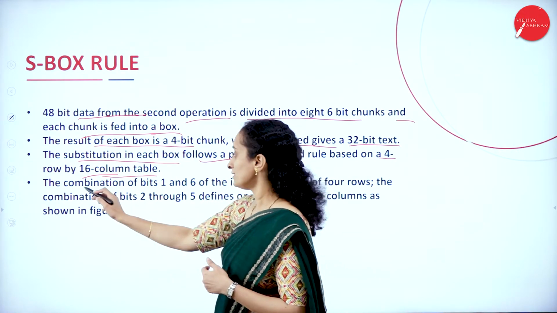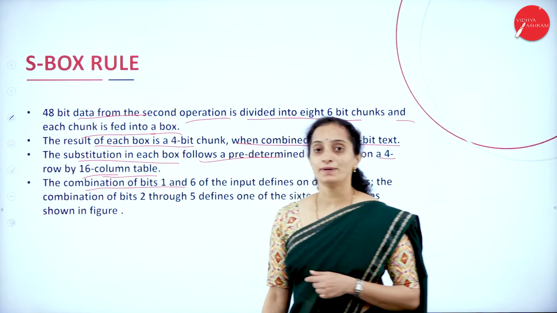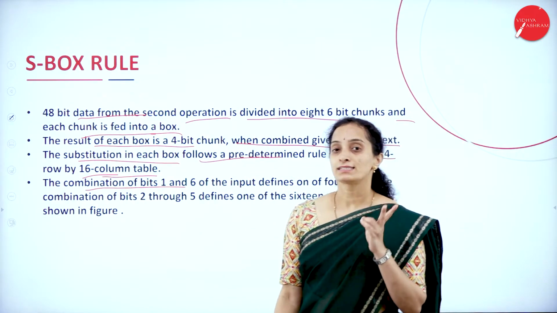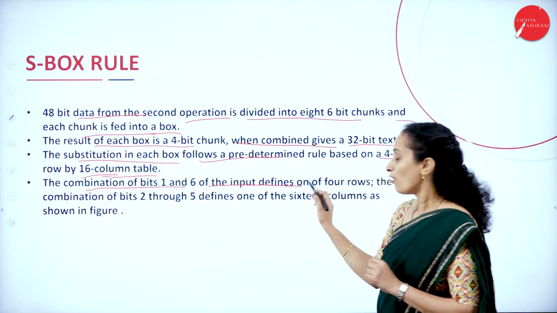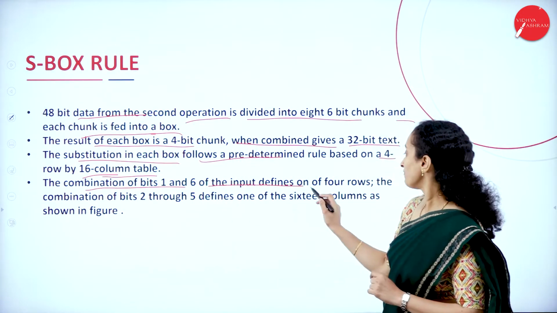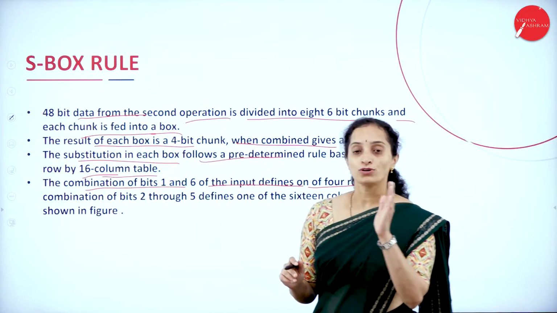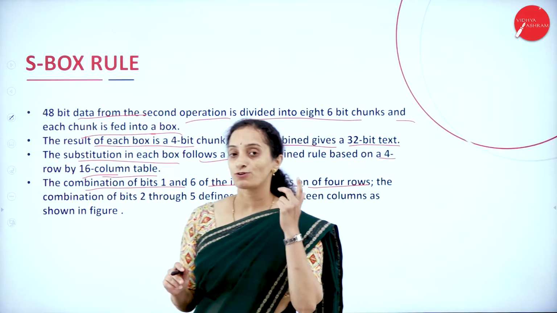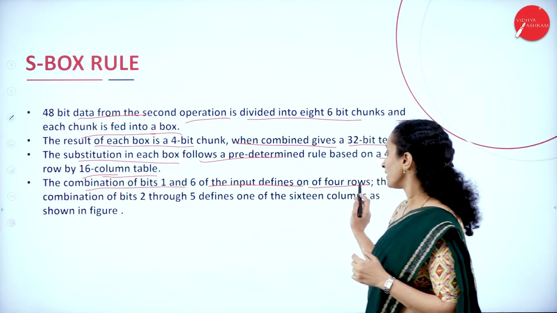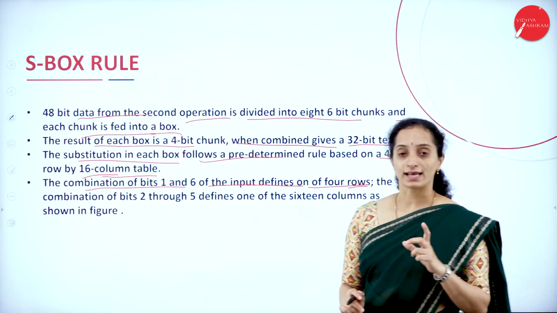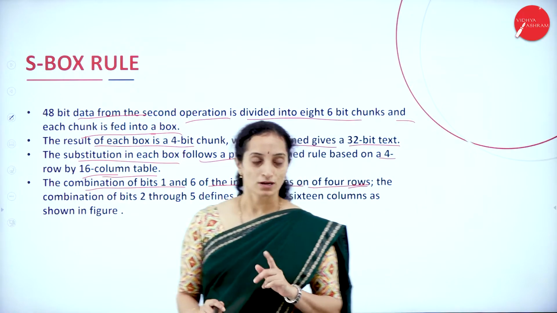Let's find out. The combination of bits 1 and 6, the first and the last bit of the input, defines the 4 rows. The combination of these two bits forms the rows. The size of the row dimension is 4.